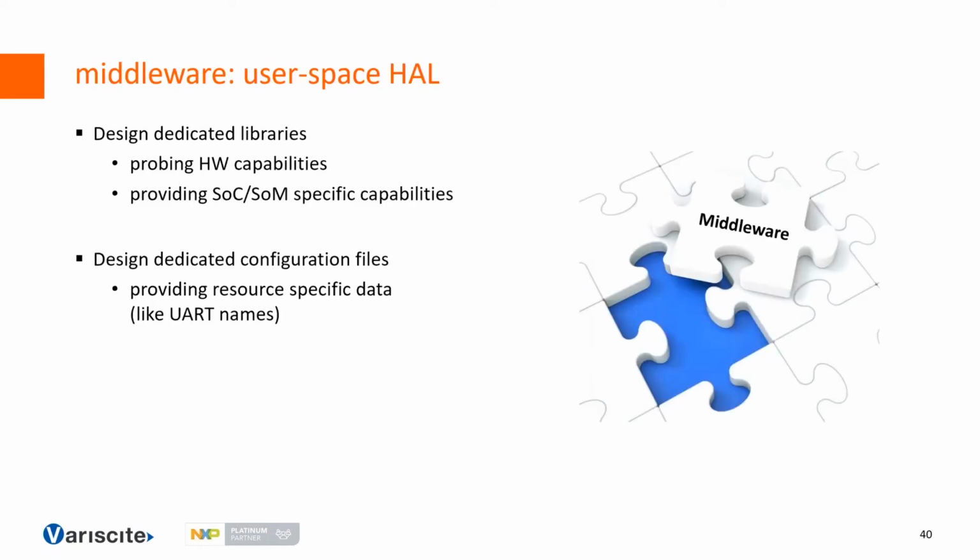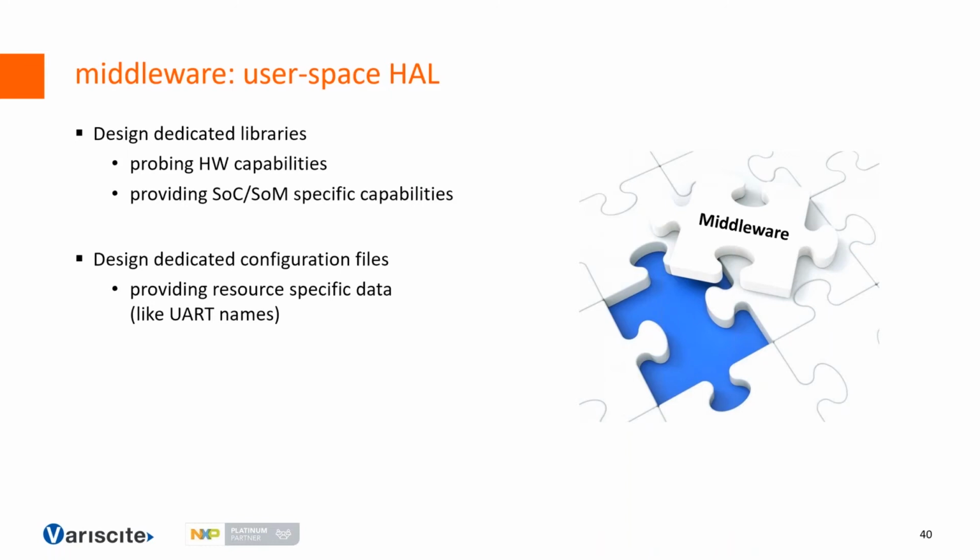So how can we work around this? Basically, first of all, by probing the hardware capability, and providing a library that can wrap the specific capabilities provided by a system on chip or a system on module. This may simplify the application, because the application will have a single entry point from the library, and the library will probe and manage the differences.